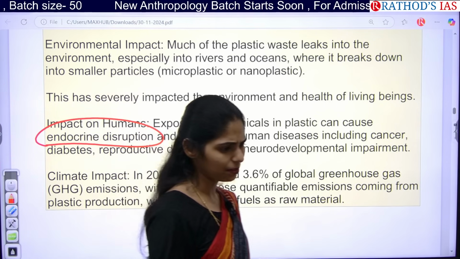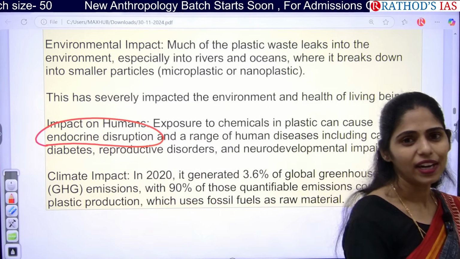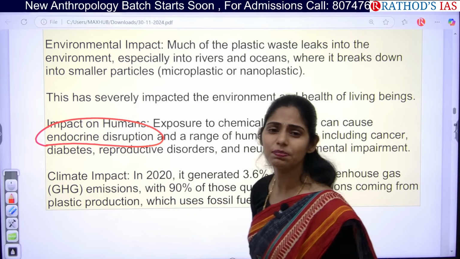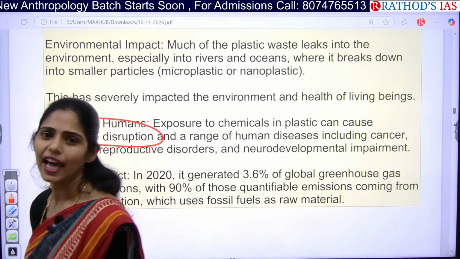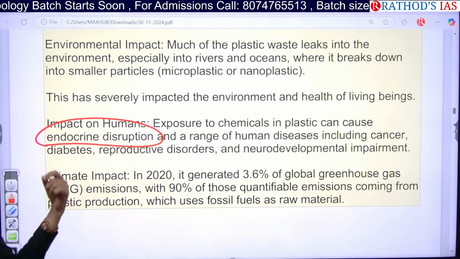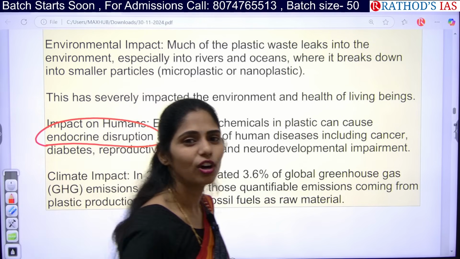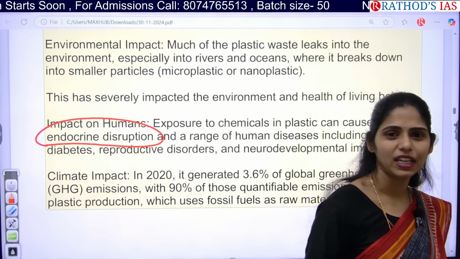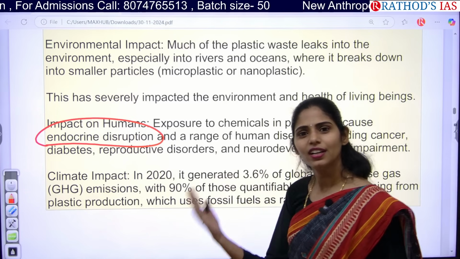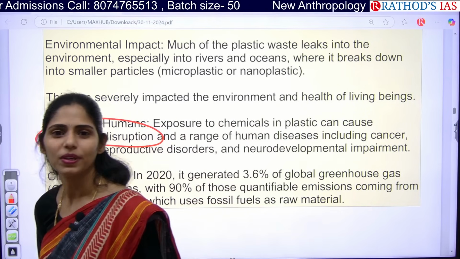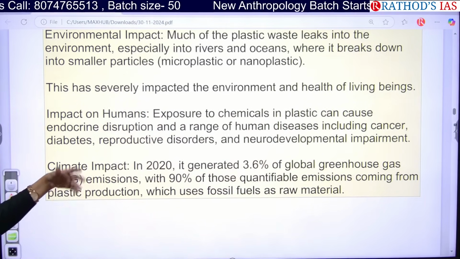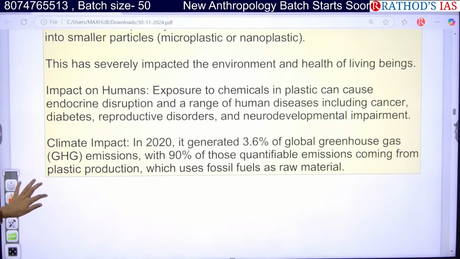In the present generation, 1 in 5 girls have this PCOD problem because of lack of proper hormone production in their body. And there is an increase in fertility hospitals. If you keep a fertility hospital, it is a good business now because infertility in humans is increasing. It is because of the use of plastic. It is one negative impact of using plastic.